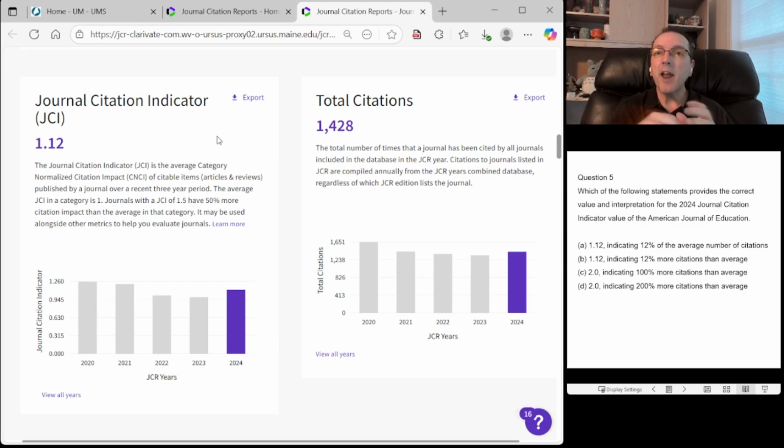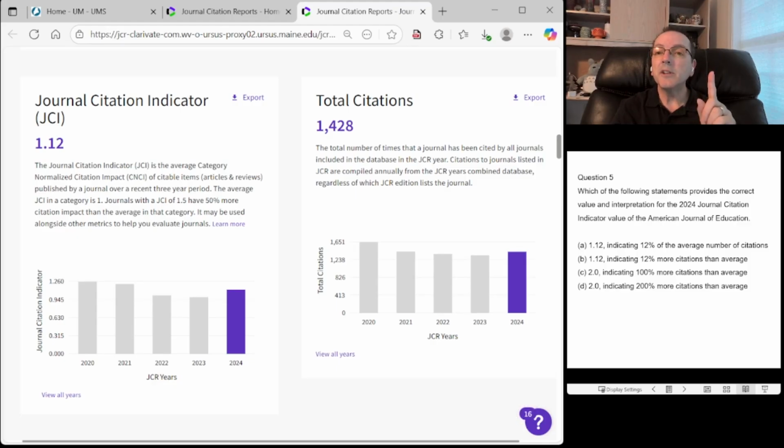So this gives us our answer to question number 5, which is, which of the following statements provides the correct value and interpretation for the 2024 Journal Citation Indicator value of the American Journal of Education? And we see it's 1.12. Oh, but both A and B are 1.12s.